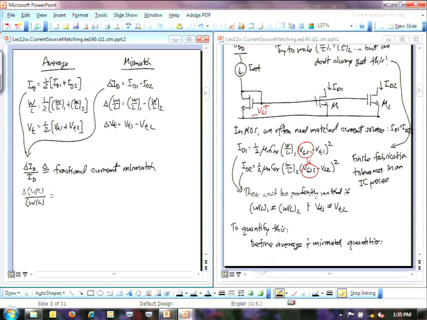where this delta ID over 2 is going to be equal to this 1/2 mu n C ox times W over L, where I'm now factoring out a W over L. So from this, let's factor out a W over L to get to this equation here.